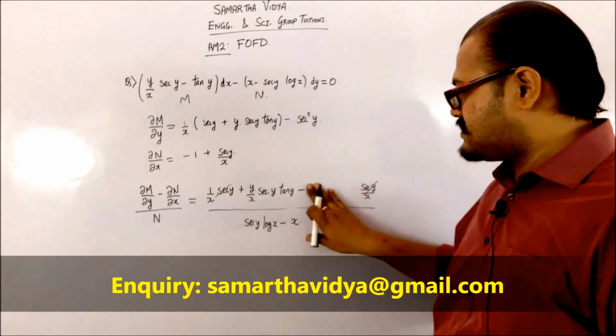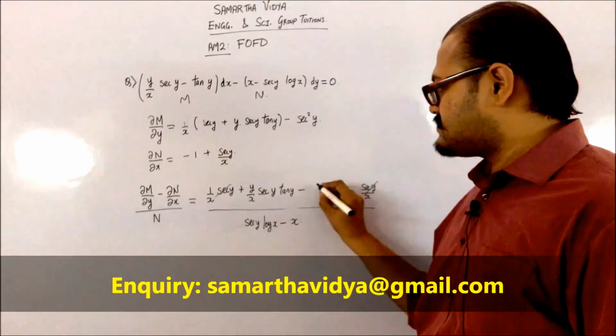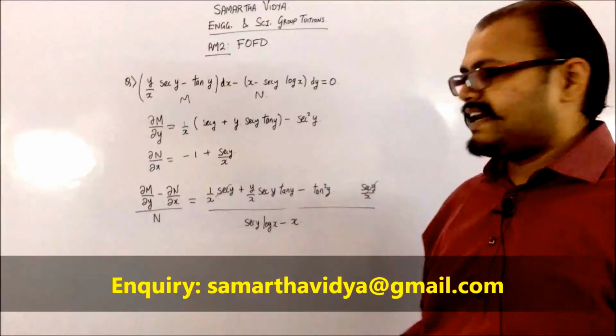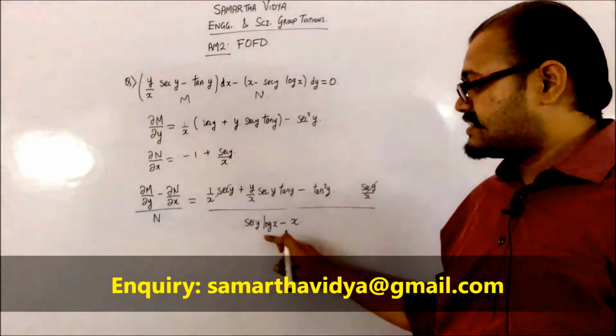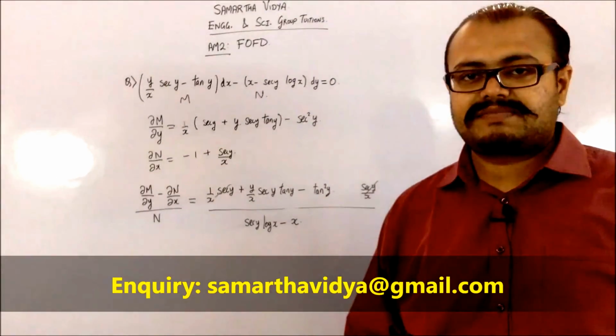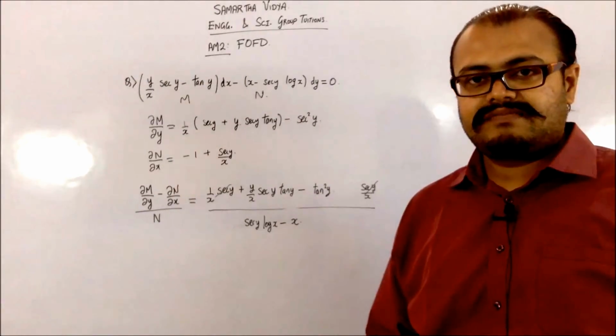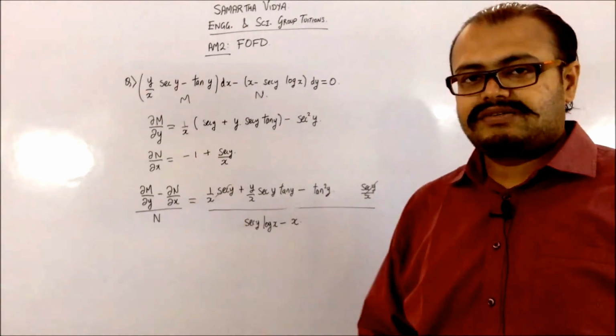Replacing this part with tan square y, if we take the tan outside, it is not getting cancelled out with this part, and it is not reducing down to a function of x only. So obviously this particular rule has failed.